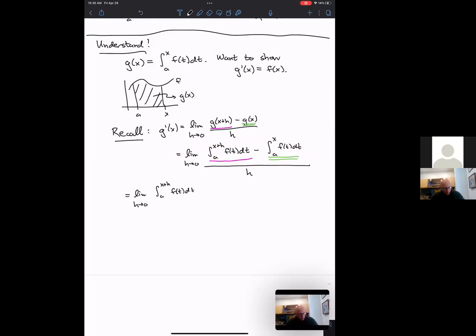But the second integral, I'm going to swap the x and the a bounds. And remember, one of the properties we said is that if you swap the bounds of an integral, you have to add a minus sign. So this is already a minus integral, so I'm going to say this is the same as plus the integral from x to a, f of t dt, all over h.